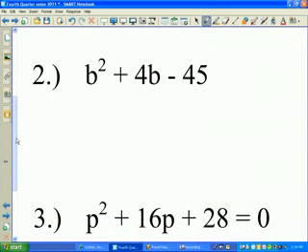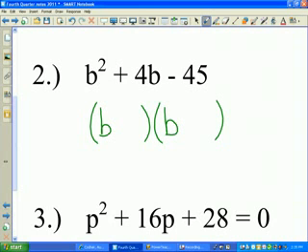For number 2, we have b squared plus 4b minus 45. My leading coefficient is 1, so I can go ahead and split my variables of b.